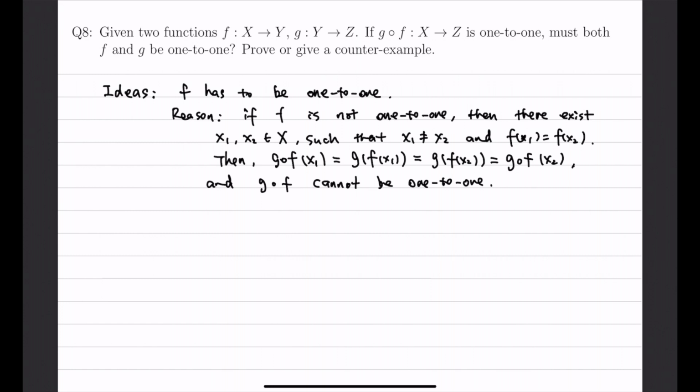But how about g? g actually doesn't have to be one-to-one. But why?